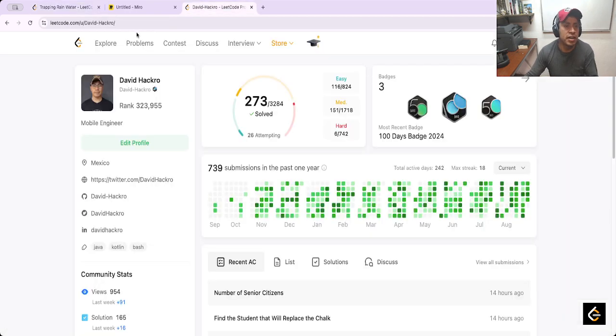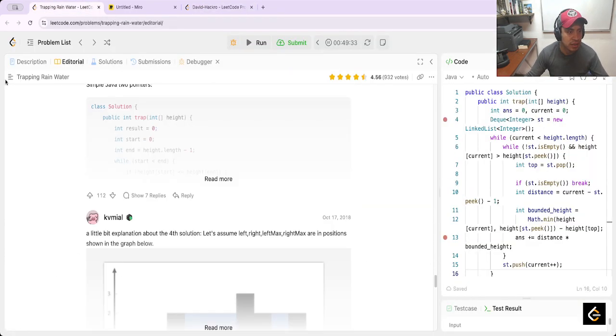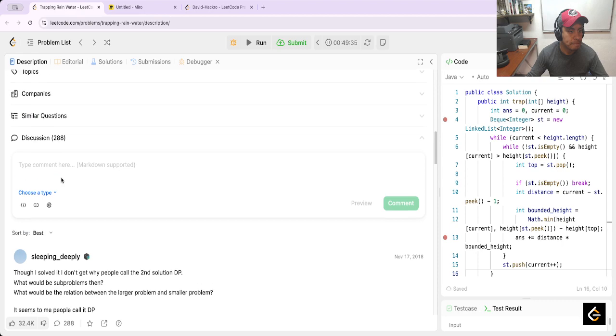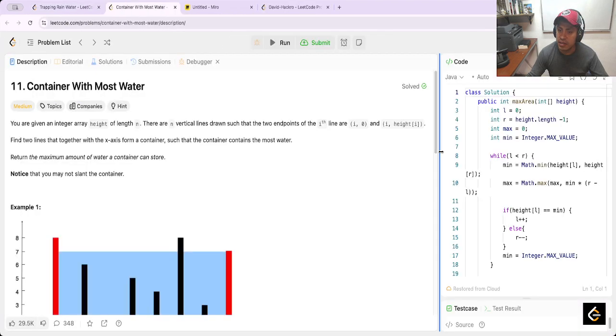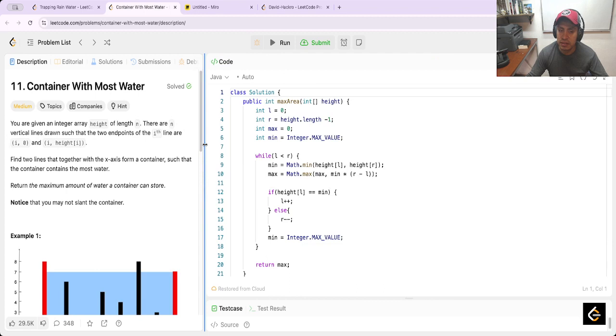Yeah, it's very similar to the other problem. Similar question. Containment. Like this. Yeah, it was very similar to this.